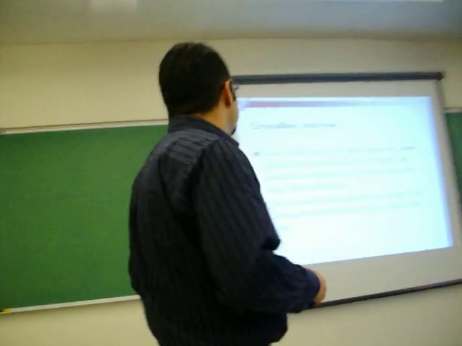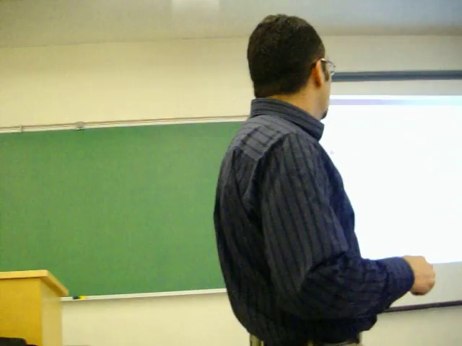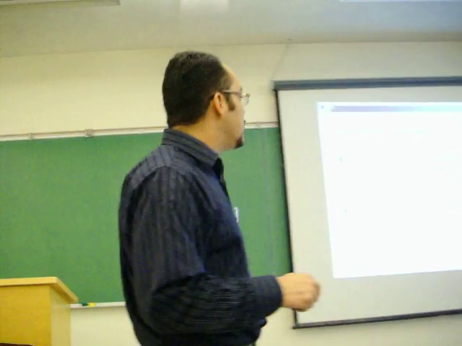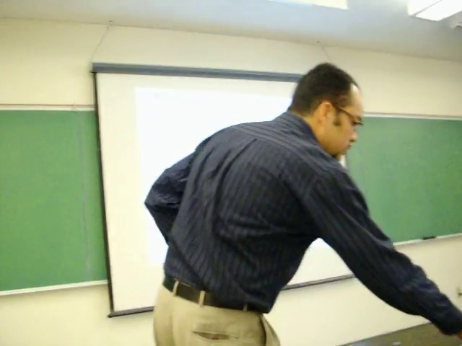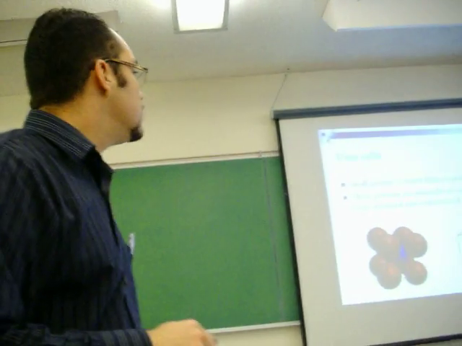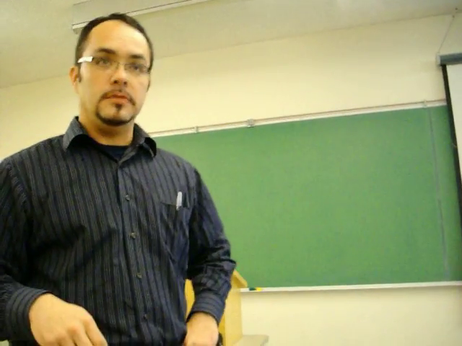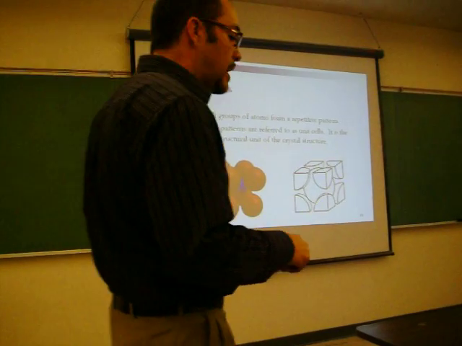Structure of metals. We are talking about a crystalline structure, and I'm going to ask this in the test, so keep that in mind. We have periodic arrays over large atomic distance. We are going to determine what is a unit cell. It's a small group of atoms that form a repetitive pattern, and those patterns are referred to as unit cells.